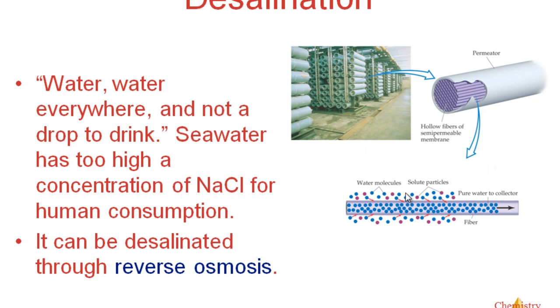But now it's the reverse osmosis process, so the water molecules from outside will enter inside, and this membrane is semi-permeable, so those solute particles do not come along with the water. The solute particles just keep concentrating outside, but inside you have only water molecules, so you start collecting that. So that is the reverse osmosis process.